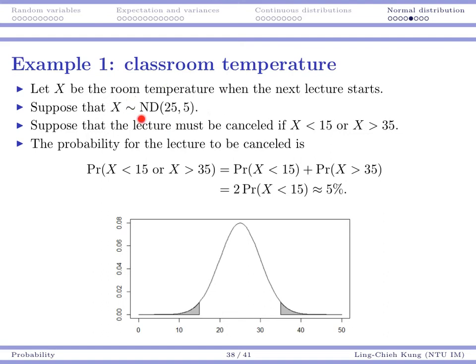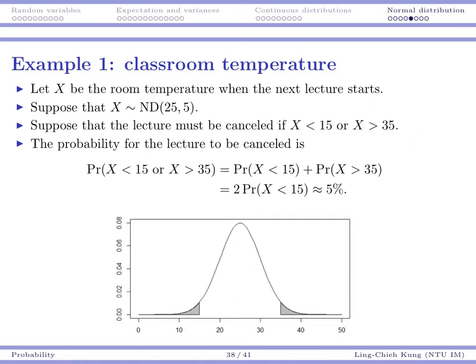In that case, I fully characterize the distribution because I know the PDF, the height of the PDF at each single value. Now I can calculate some important probabilities. For example, suppose there is a policy that the lecture must be cancelled if it is too cold or too hot.